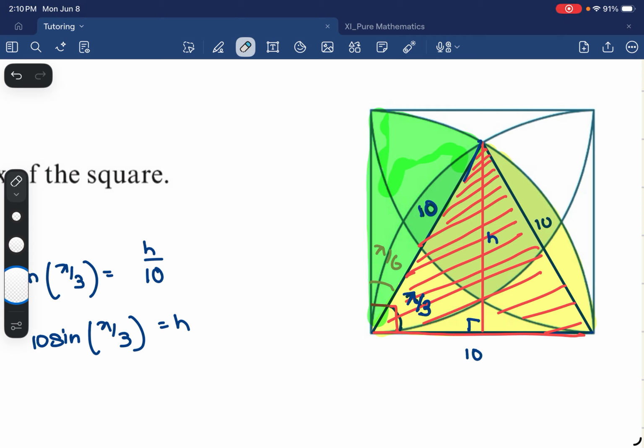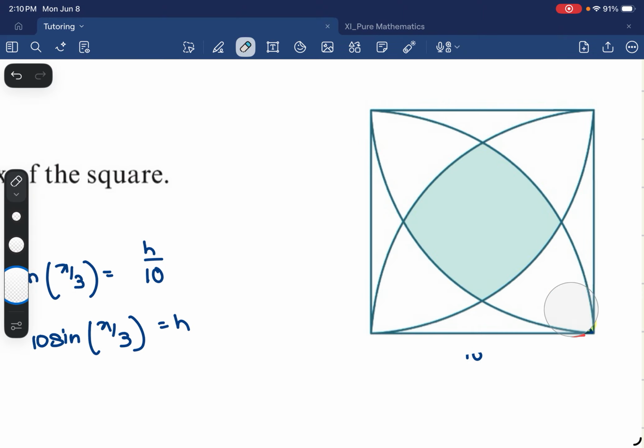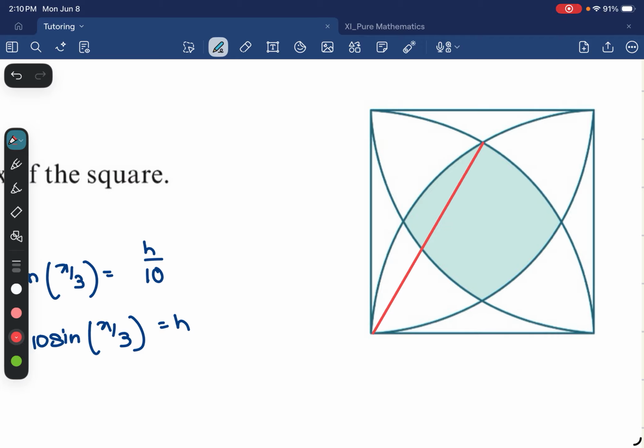I hope you remember. You can go back to the video and remember what each portion was. I'm going to redraw the important parts. This was 10. This was 10. And we knew the area of this sector in yellow. The yellow sector was, I believe, this part.